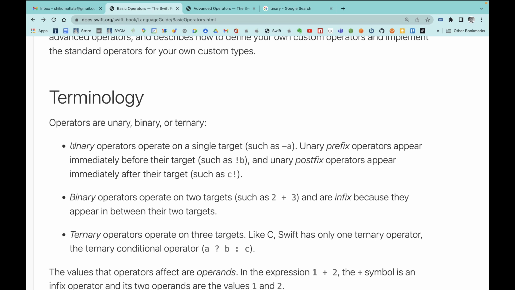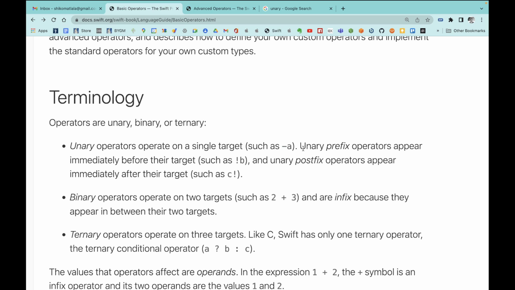Let's read here and understand further what it means. Unary operators operate on a single target, such as minus a. We can declare a value as negative using an operator, the minus, the arithmetic operator, or the minus operator, or the negative operator, I guess.